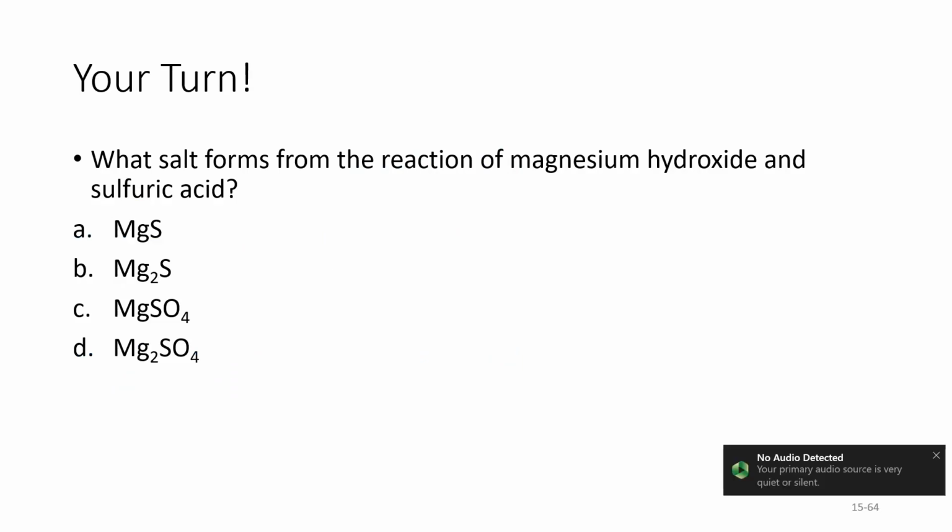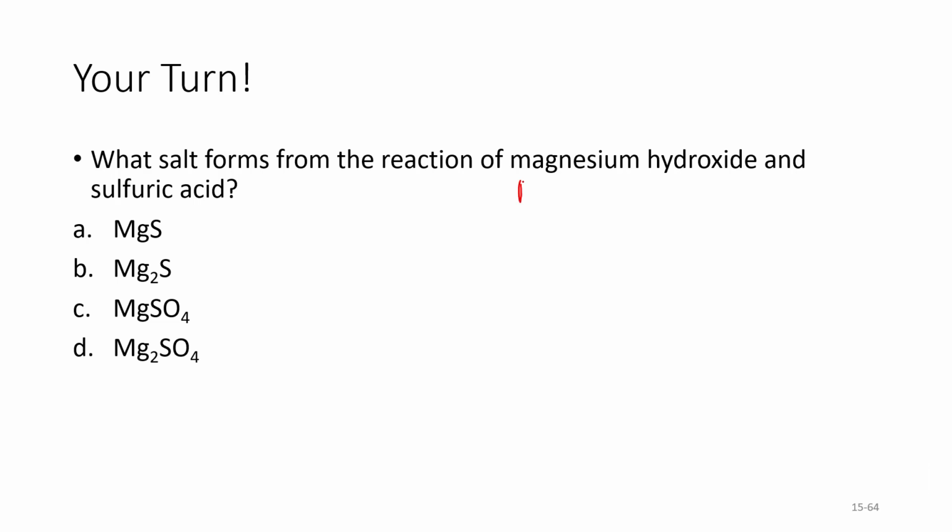So what salt forms from the reaction of magnesium hydroxide, Mg2+ and OH-, and sulfuric acid? Sulfuric acid is H and SO4, the sulfate polyatomic ion, because we have that -ic ending.